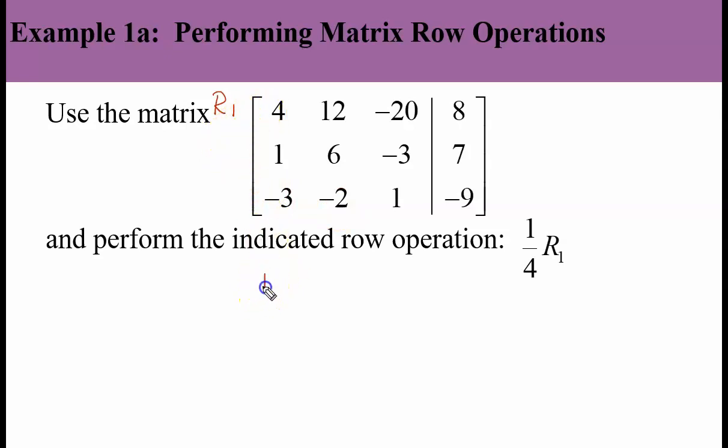Well, you're going to go 1/4 of row 1. It's going to give you a new row 1. And let's just do that. So 1/4 of this becomes a 1. 1/4 of this becomes a 3. 1/4 of this becomes a -5.